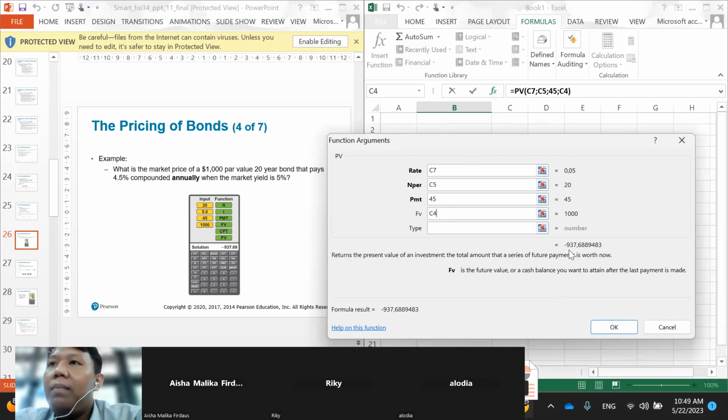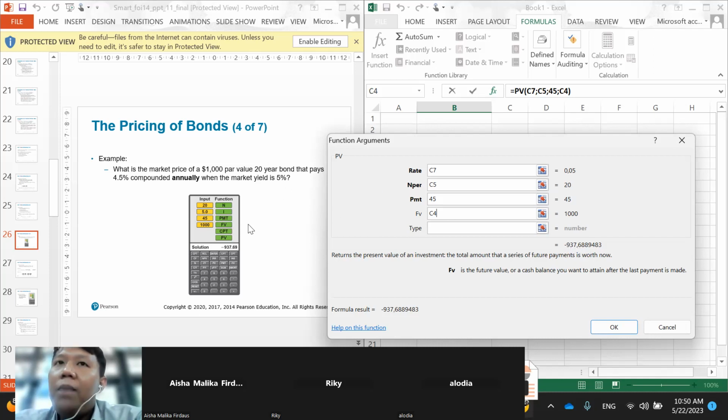It says minus 937.6 US dollars. This is the current bond price that we estimate, and this is the price at which we buy that bond.